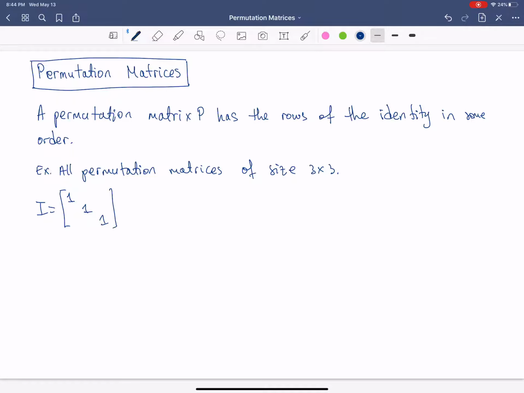Remember from high school when you talked about permutations. Permutations talk about orderings. In this case, we're talking about the different ways in which we can order the rows of the identity matrix. Well, you could just take the trivial order in which every row is in its rightful place. This too is a permutation matrix. So this is a permutation matrix.